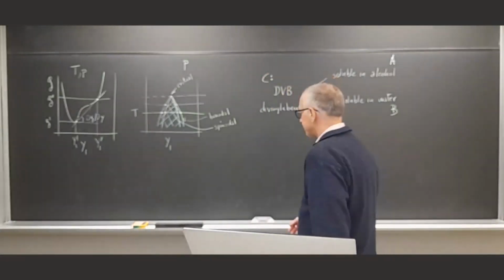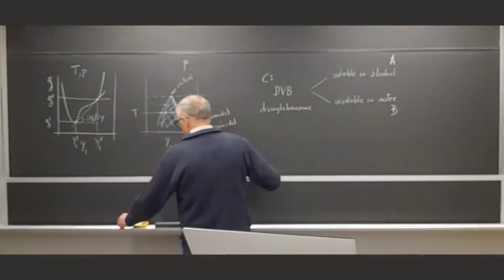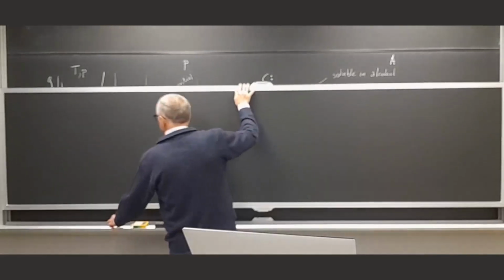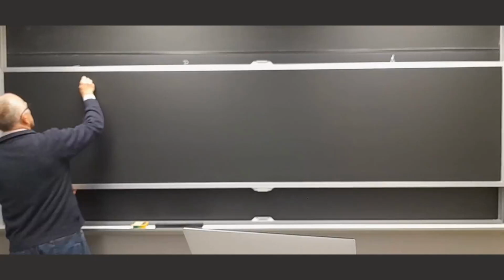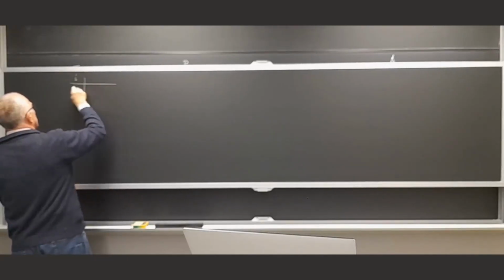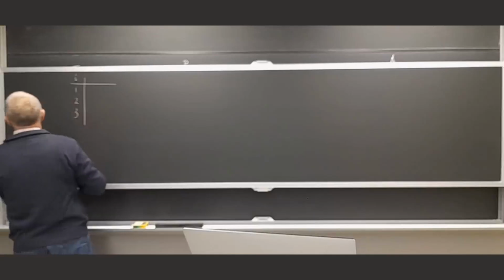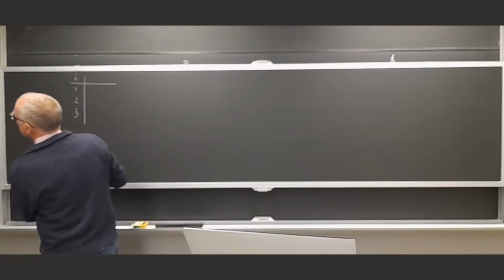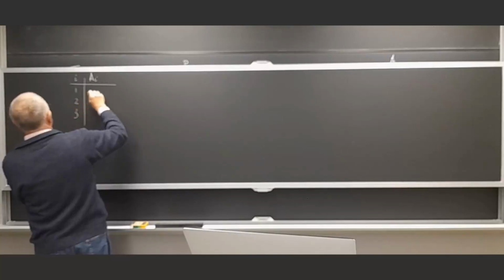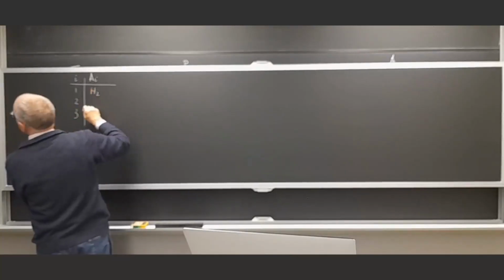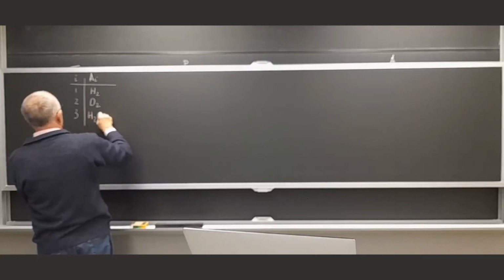So, for example, we make a table: 1, 2, 3. We decided to call the first component H2, the second component is oxygen, and the third is water.